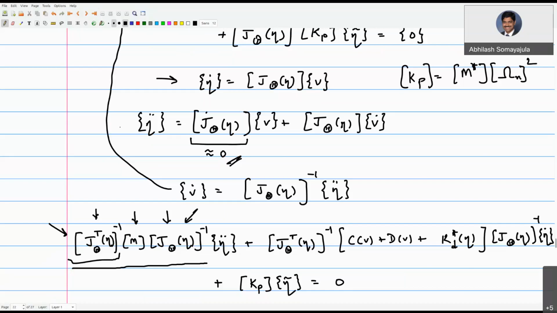So under the assumption that my Euler angles are not changing very quickly, I can say that my Kp is not varying very quickly, or Kp dot is close to 0. Which means that over a relative portion of time, Kp is fairly constant, so our analysis still holds. It only holds as long as J of theta, J dot of theta is not quickly varying, which means the Euler angles are not changing very drastically over time.